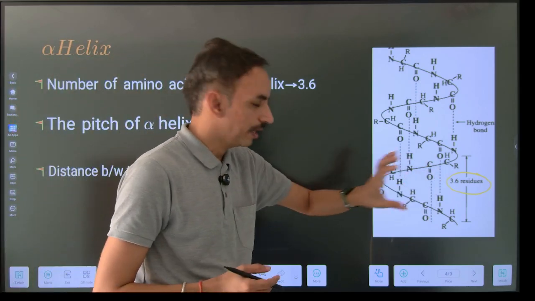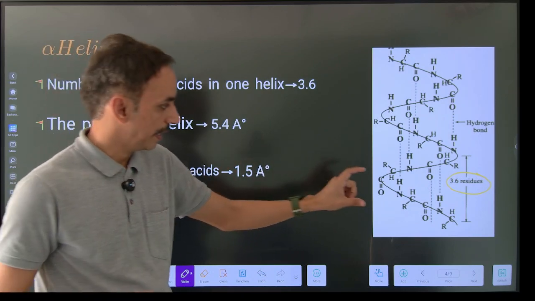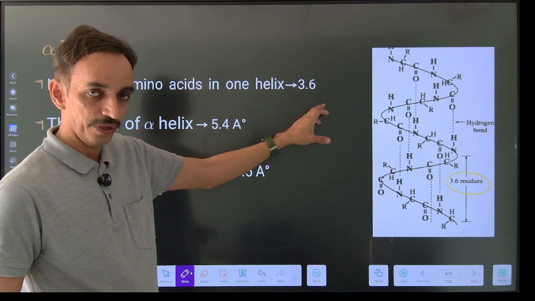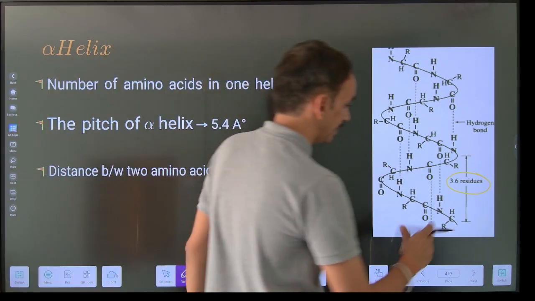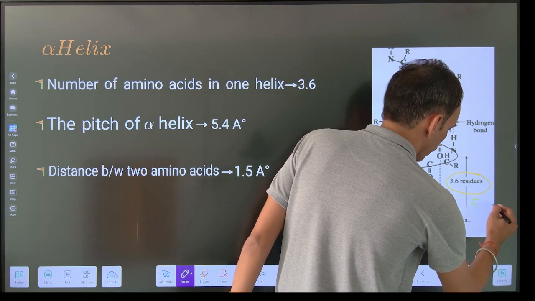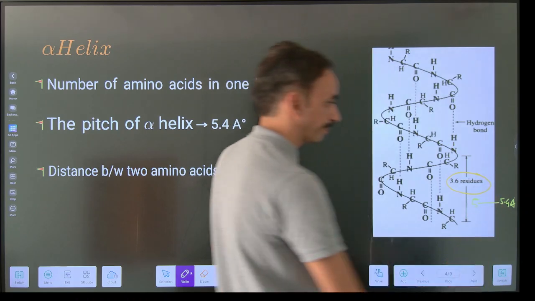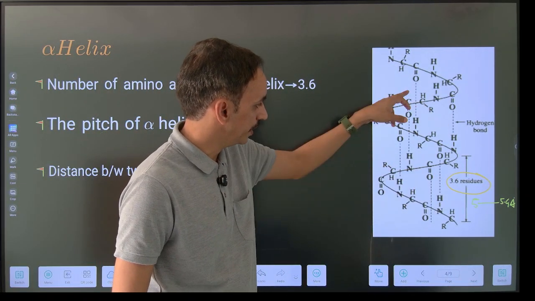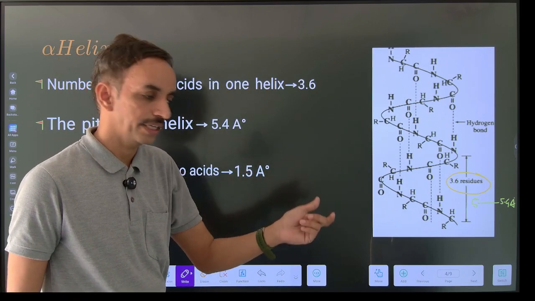So in one helix, there are 3.6 residues of amino acid. The number of amino acids in one helix is 3.6, as we already stated. The pitch of the helix, that is the helix height, is 5.4 angstrom. There is a formation of hydrogen bond between n and n plus 4 and n and n minus 4.